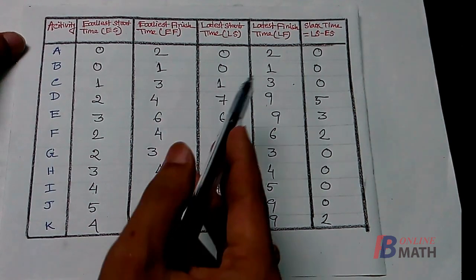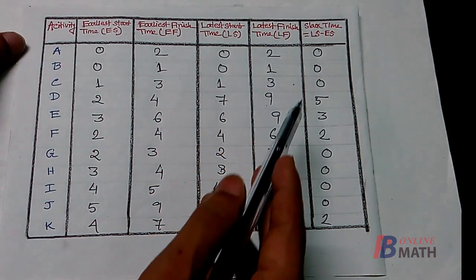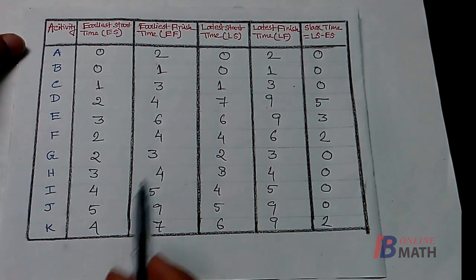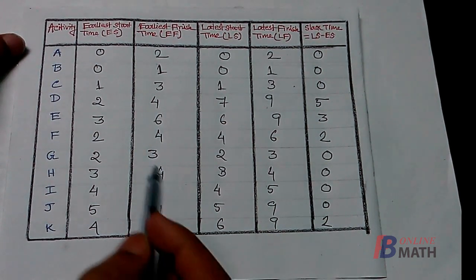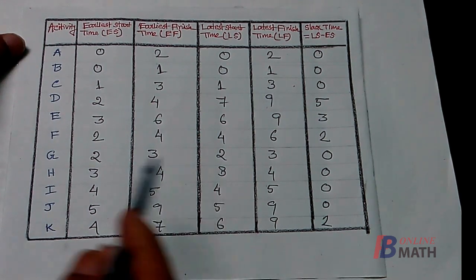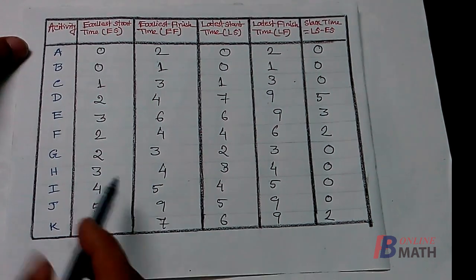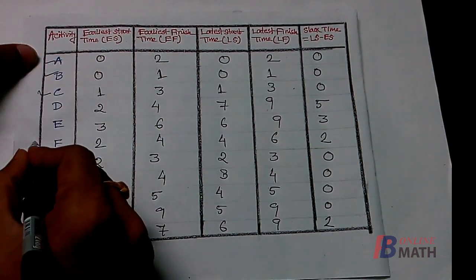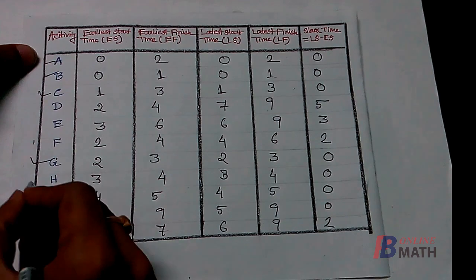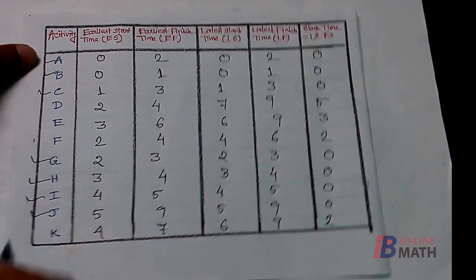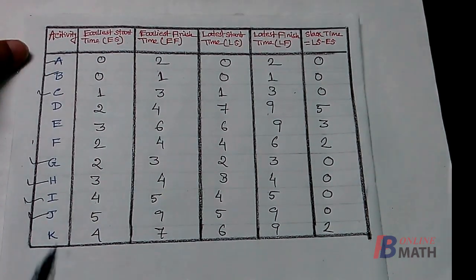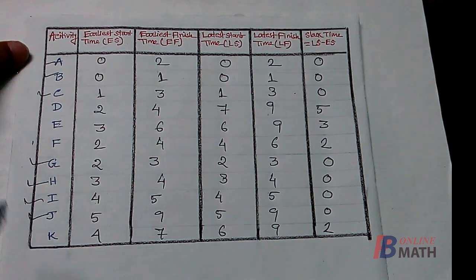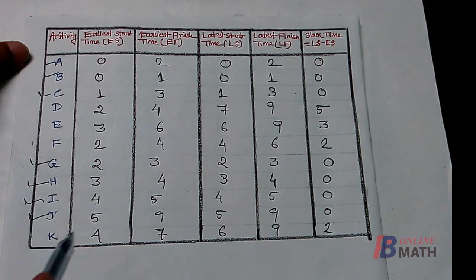Here we find that the activities A, B, C, G, H, I, J, these are the critical activities, and these are the data we have already found from the project network. So we have to complete these activities without any delay, because any delay on these activities will ultimately cause the delay in the project.